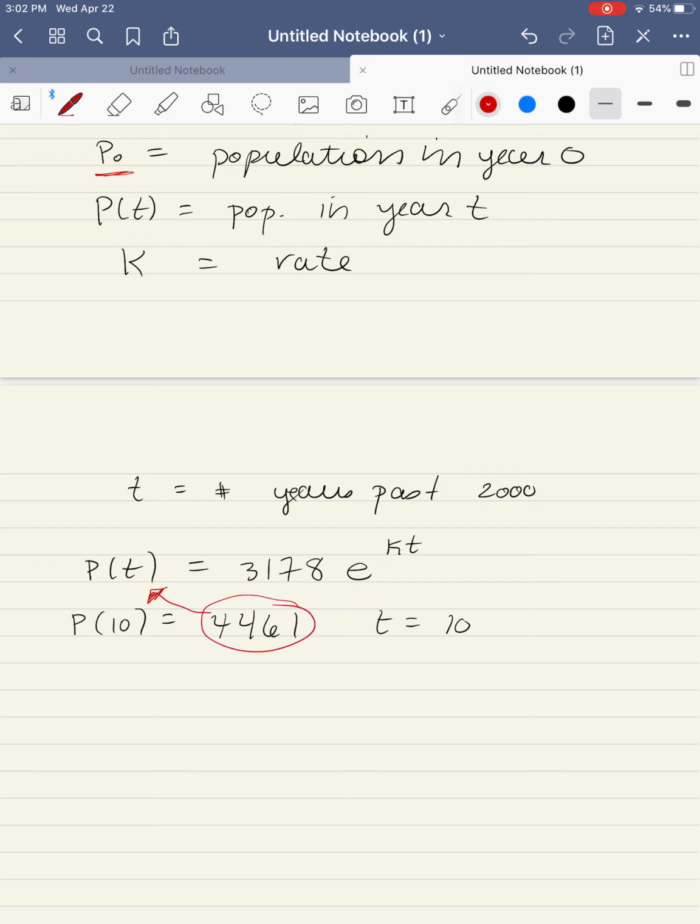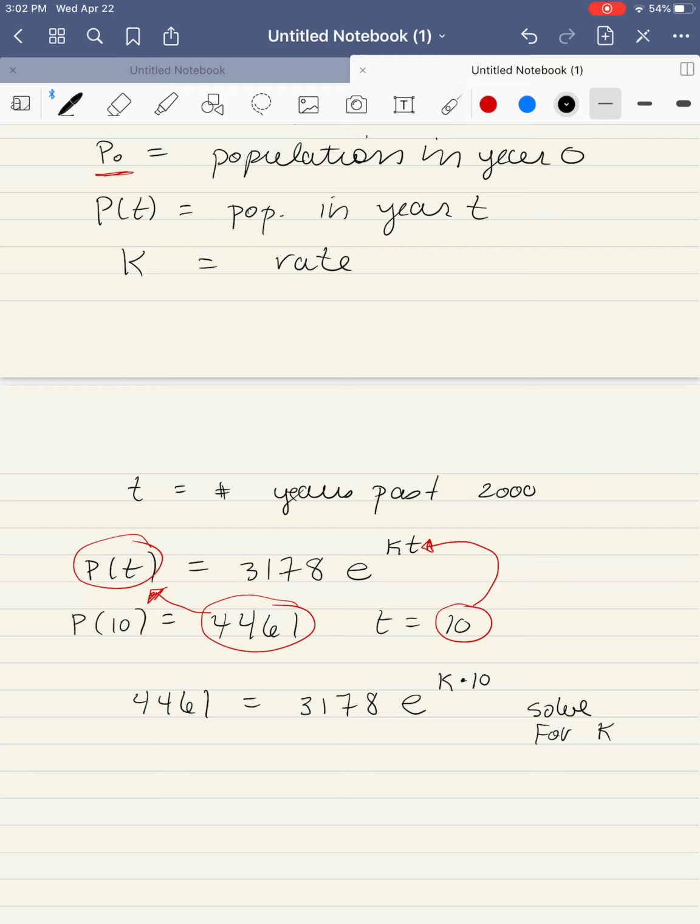So we can put 4461 in place of P of t, and when t is 10, we can put the 10 in for t. And that gives us the equation 4461 equals 3178 e to the k times 10.